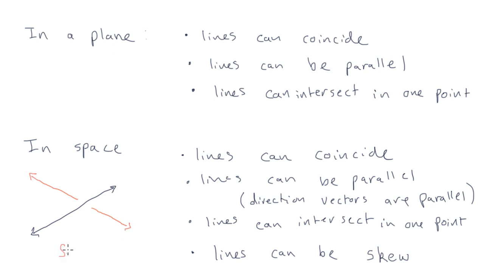So these are skew lines. So in space, they're just sort of kind of arbitrarily going in different directions, and they don't happen to hit. Sort of like 2 planes flying, right? They can just be kind of skewed like that.